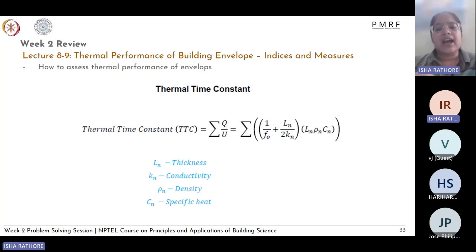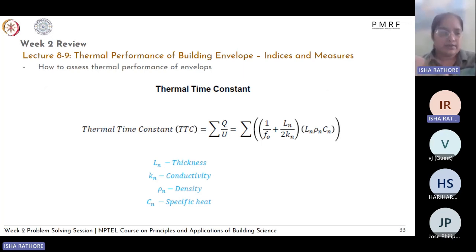So this is the sum of 1 by F naught, which is the outside film coefficient, plus Ln, the thickness of the layer, divided by 2K, where K is the thermal conductivity of the layer, into the thickness, density, and specific heat capacity of each of the layers.